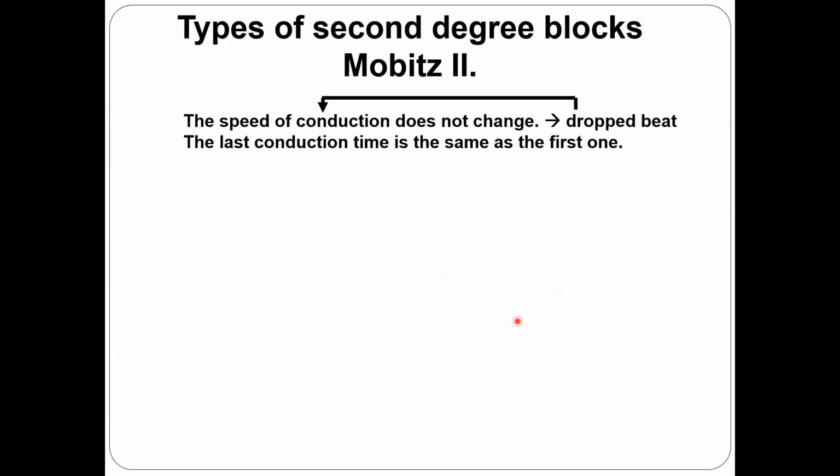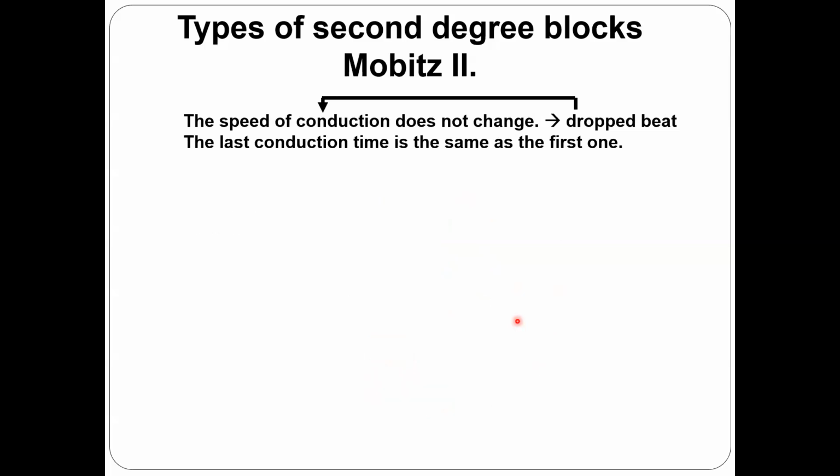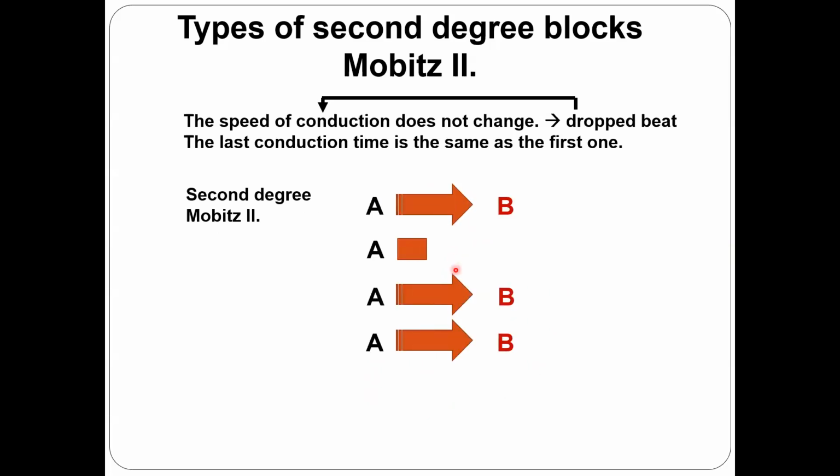The second type is Mobitz type 2. The previous one is also called the Wenckebach periodicity, because it has some kind of periodicity. These are two names, but I think it's enough if you remember Mobitz type 1 and Mobitz type 2. Now, Mobitz type 2 means we have conduction between points A and B, but the conduction velocity is not changing.